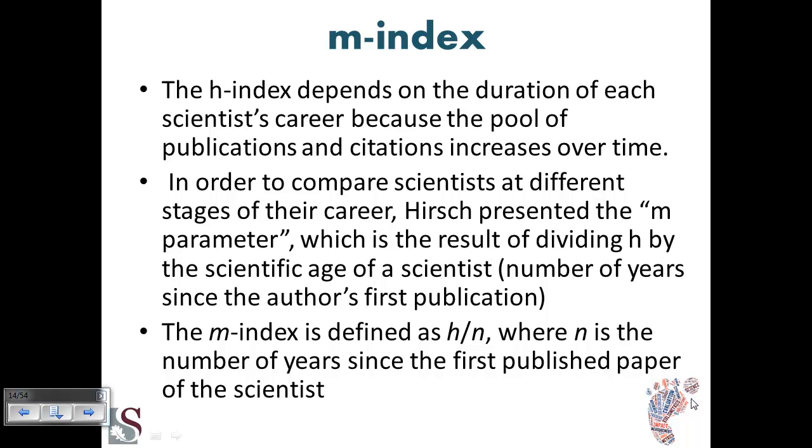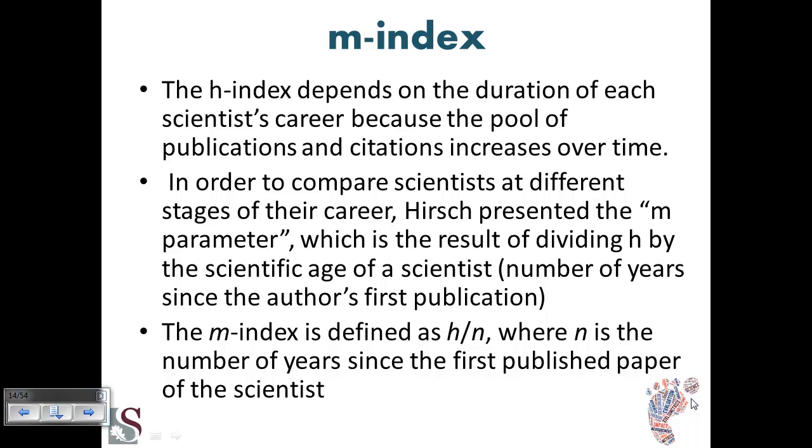To correct this problem, Hirsch introduced the M indicator, which is the result of dividing H by the scientific age of a scientist. And that is the number of years since the author's first publication. So that's how you will calculate the scientific age of a scientist.